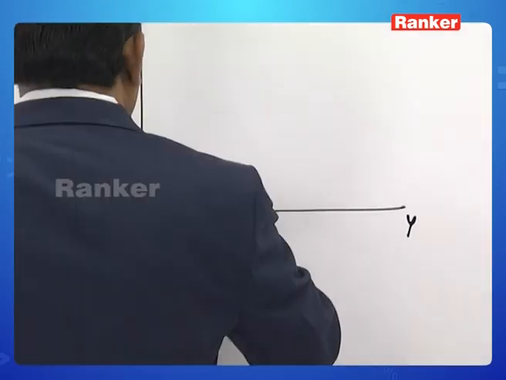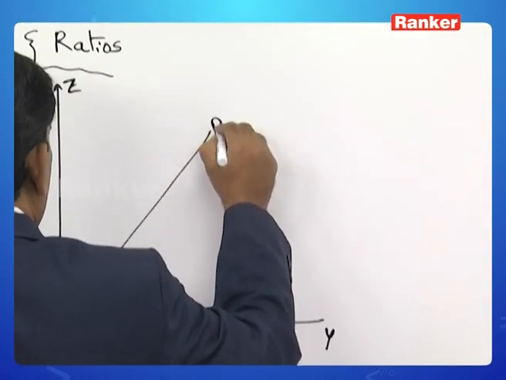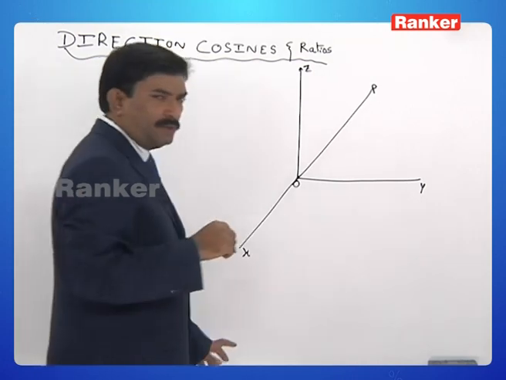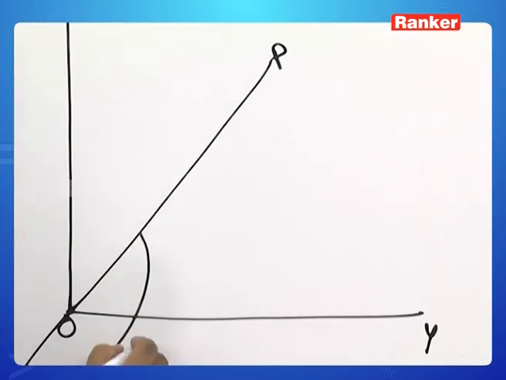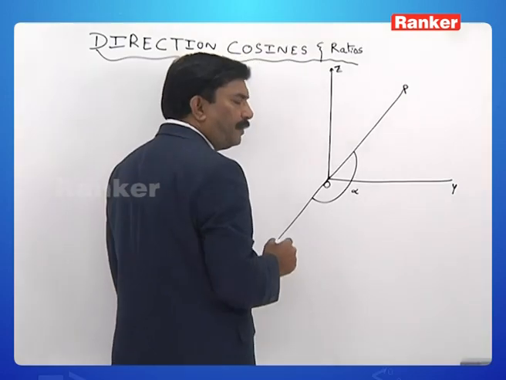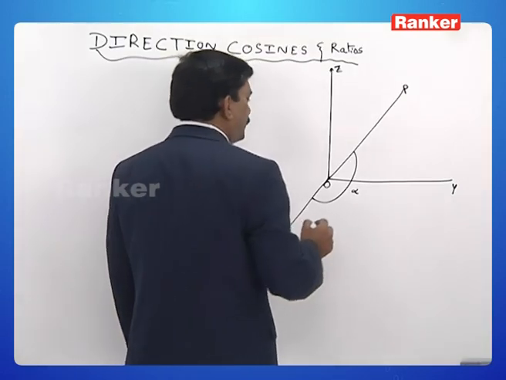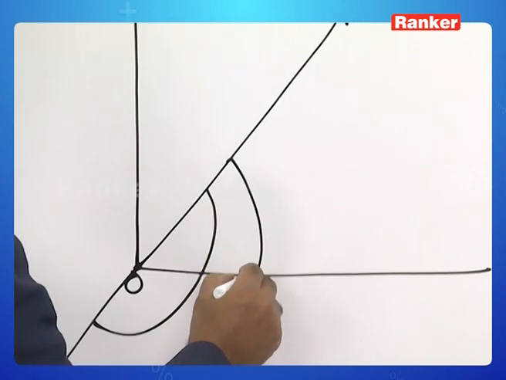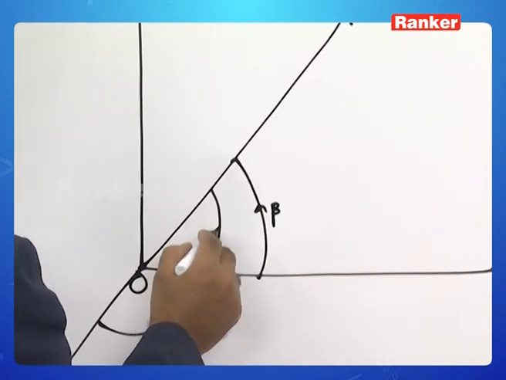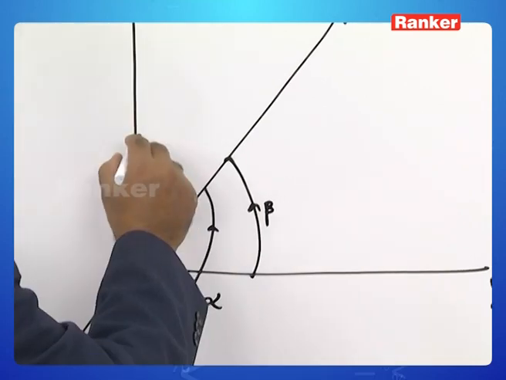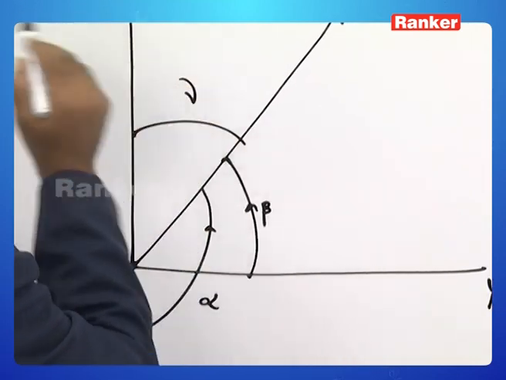Take a line OP, which makes an angle alpha with the positive direction of the x-axis, beta with the positive direction of the y-axis, and this is gamma.